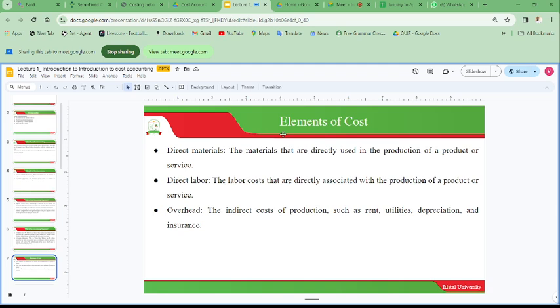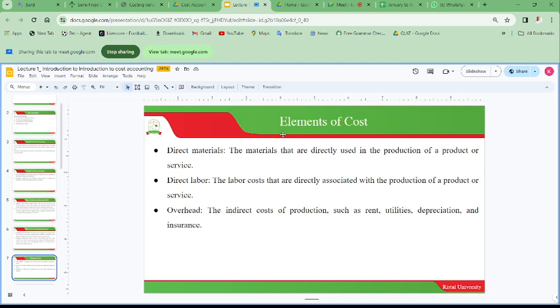We have indirect labor. Under indirect labor, we have wages of supervisors, quality inspectors, factory maintenance staff, and a security guard.